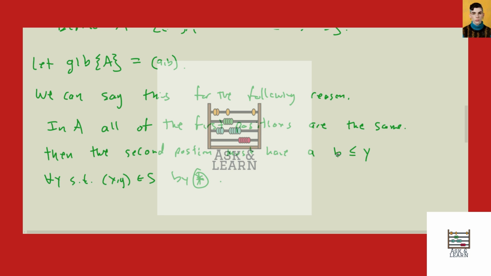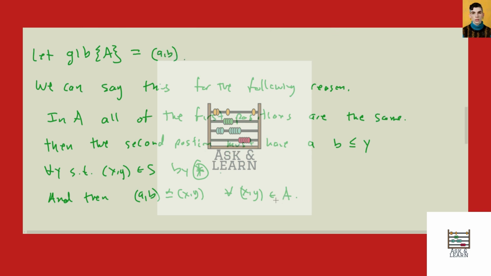So that's why we can go ahead and say that there is a b that's less than or equal to everything else. And then a b would be less than or equal to (x, y) for all (x, y) elements of A. Okay, but we didn't care about A. We care about S.